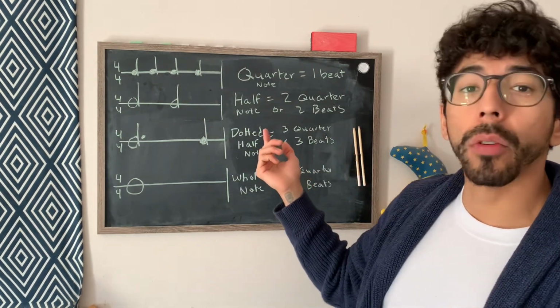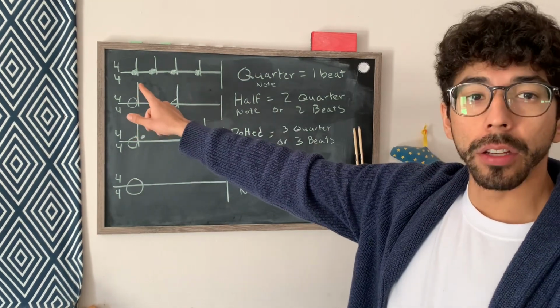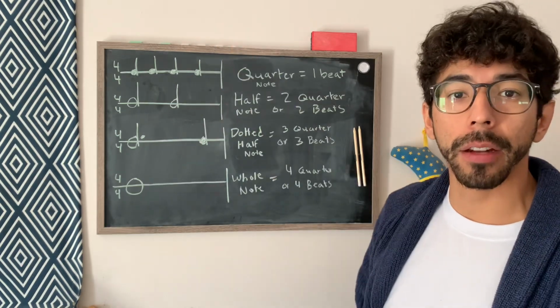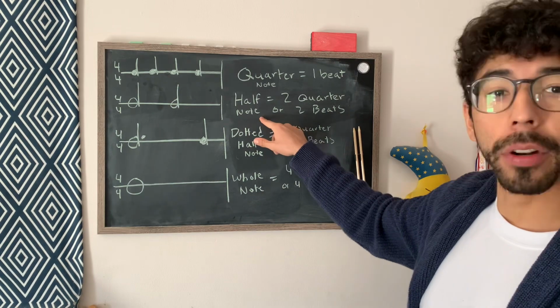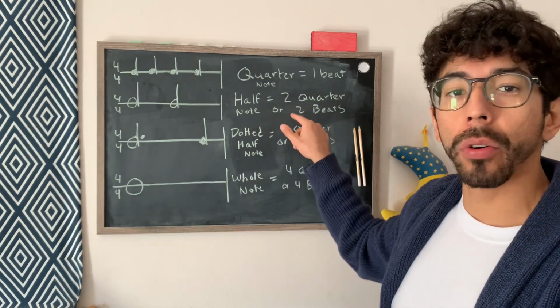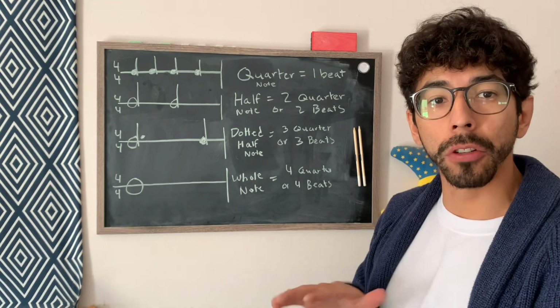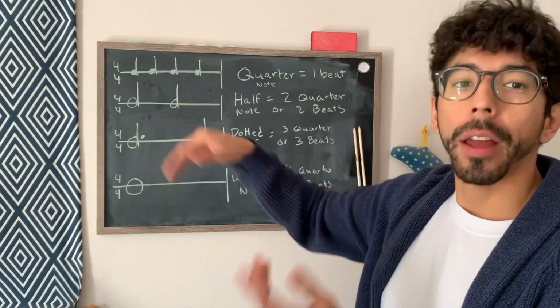So the next one would be a half note. The symbol for a half note is an open circle with the stem either going up or down, again, depending on where it is in the staff. And a half note equals 2 quarter notes, or in this case, 2 beats. So we would hold a note for 2 beats. So 1, 3, and so on.